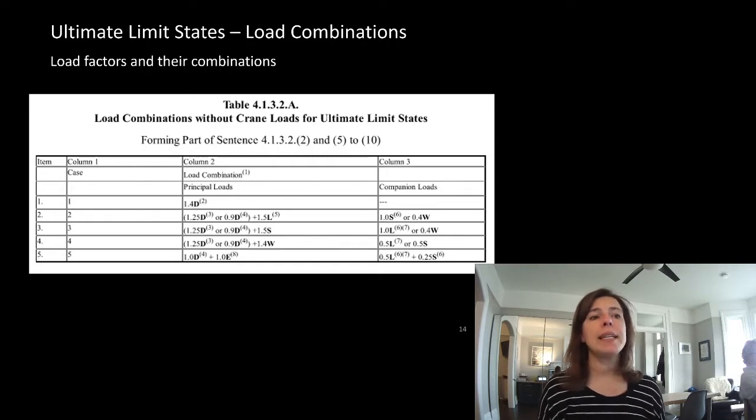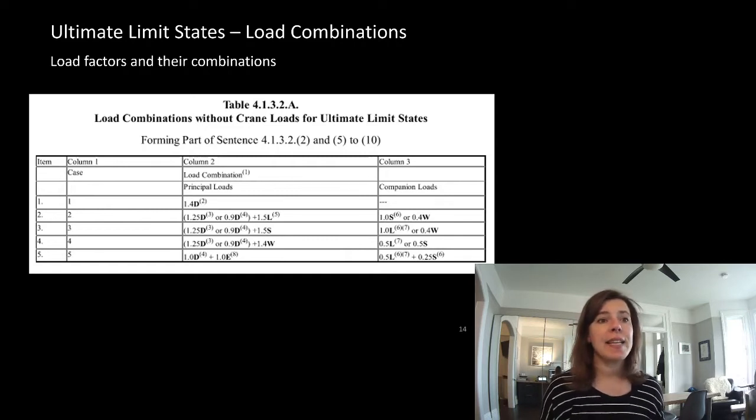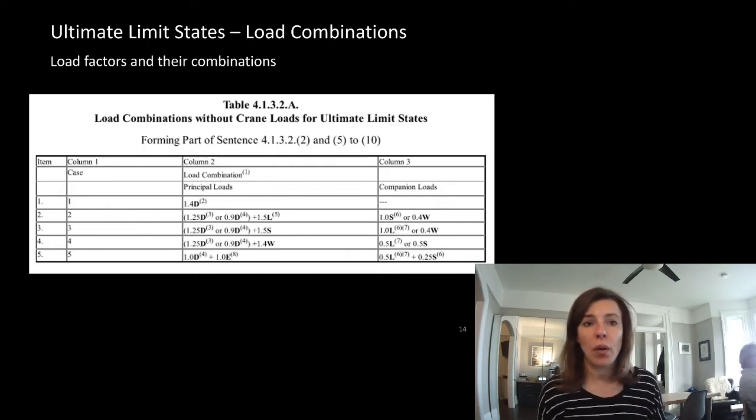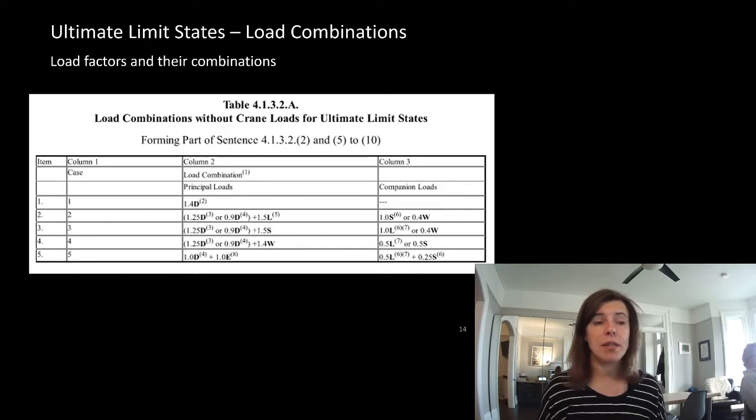And they've broken it down into the principal load, which is dead, plus one of those loads we've talked about: live, snow, wind, seismic. And then they've said, whatever other load that we add on is the companion load. We don't often do multiple companion loads at once, and often they have different values.